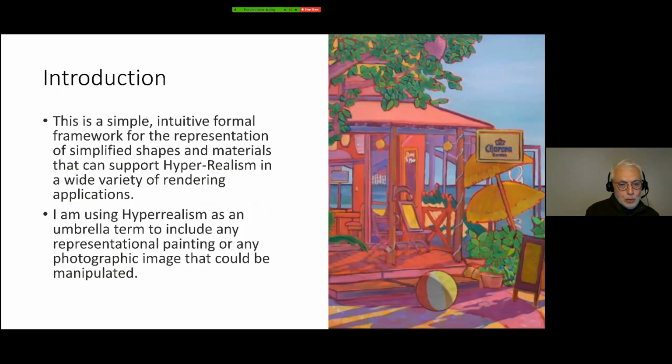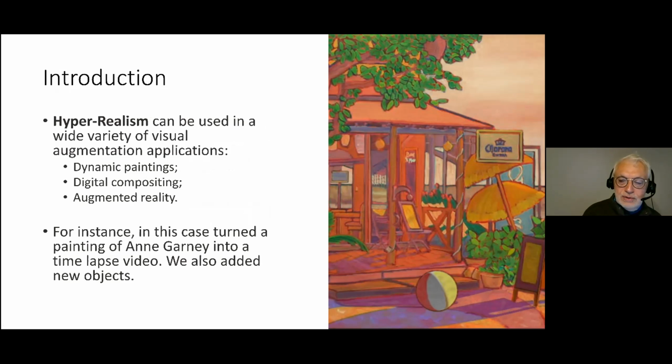I coined the word hyper-realism, which is a known word in art, but I use it as a slightly larger term to say that any representational painting or photographic image can be manipulated. This was originally a painting by Engarni.